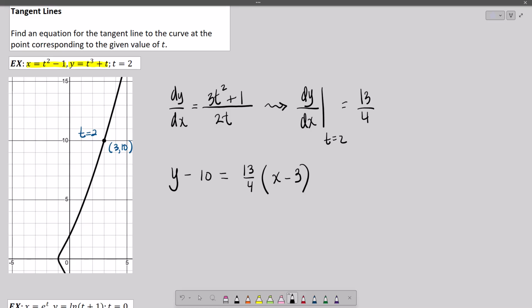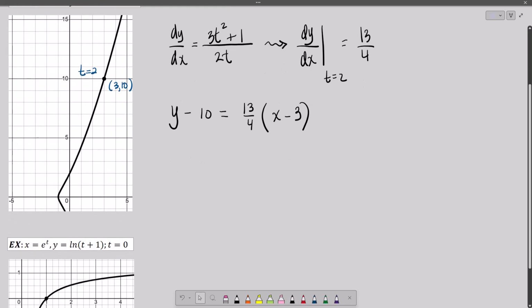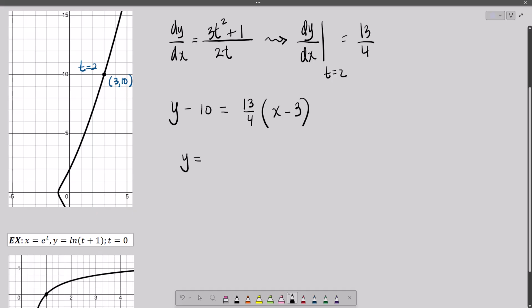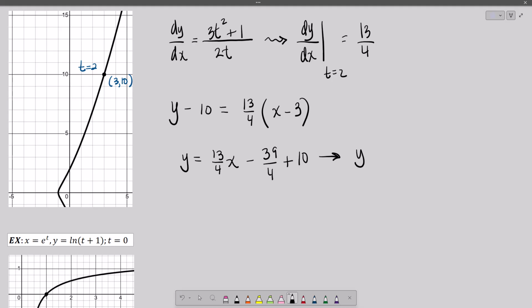So that's the point slope formula. And normally we would isolate y if we're writing it in rectangular, so we would write this as 13/4 x. And then we would distribute this and we'd get minus 39/4. But then we would add 10. So our simplified slope-intercept form would be 13/4 multiplied by x.